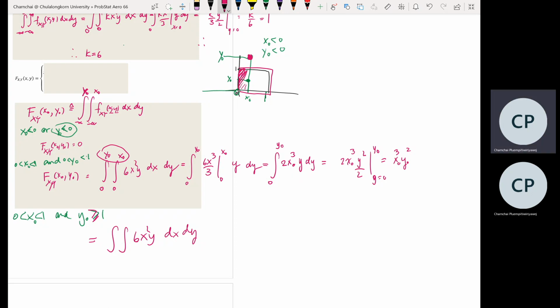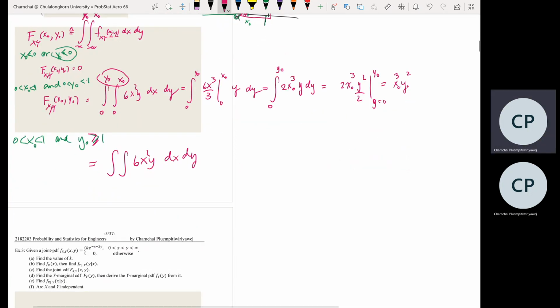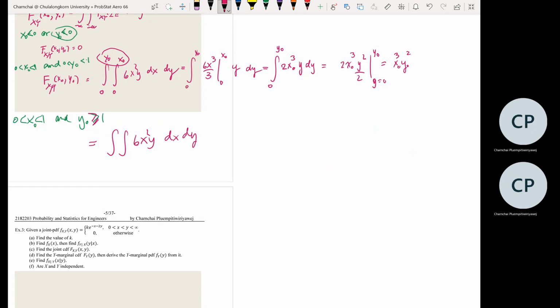Just this much, right? So what are the limits of integration? x from 0 to x naught, y from 0 to 1.